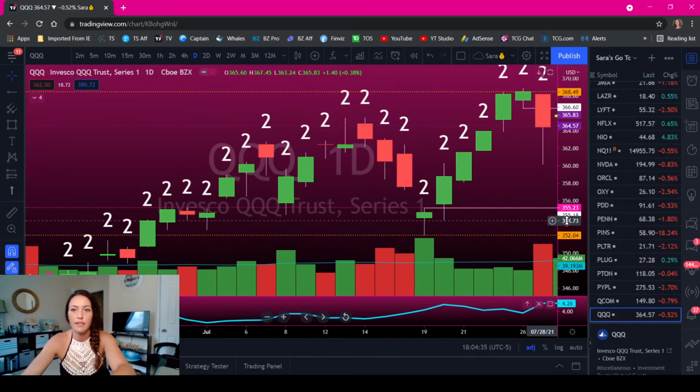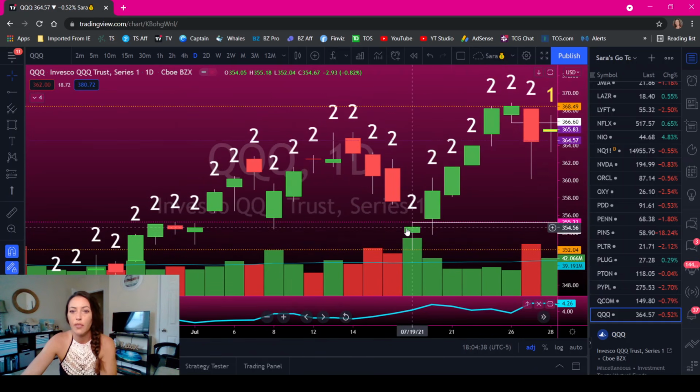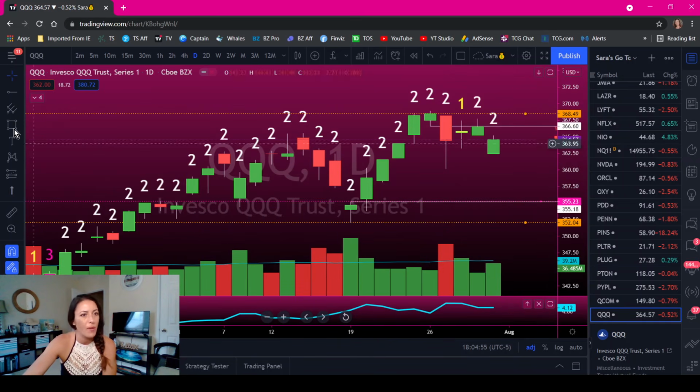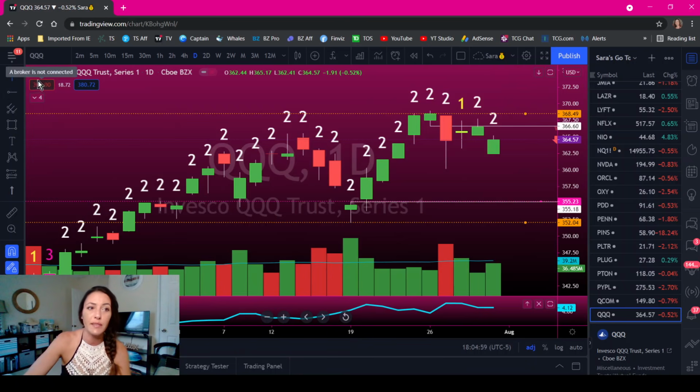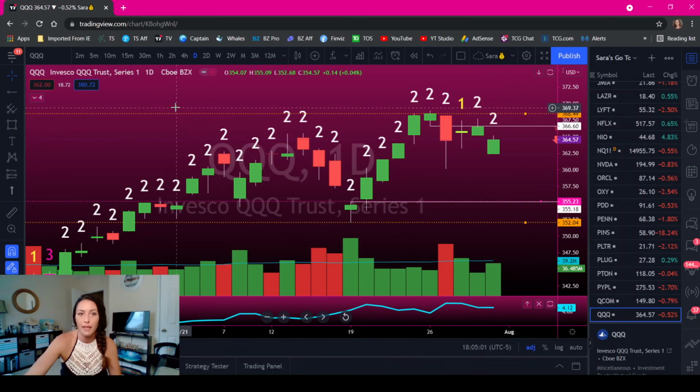See it on the right side of the screen. 355, you had no reason to exit all the way up until right here. So 355 to 366. There's not a lot to say about gaps other than they are your targets because the market almost always comes back to fill them.